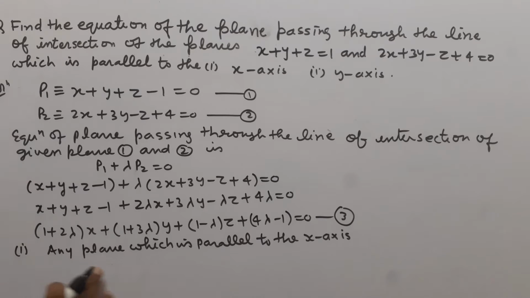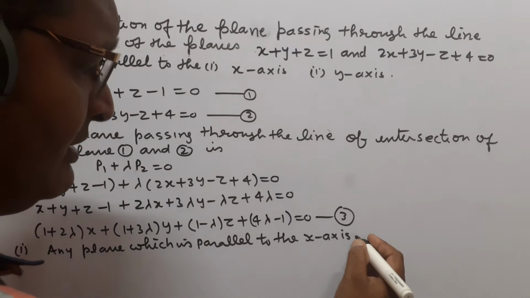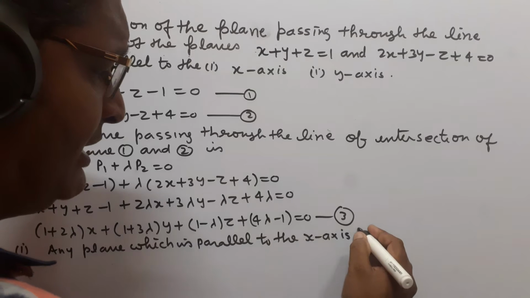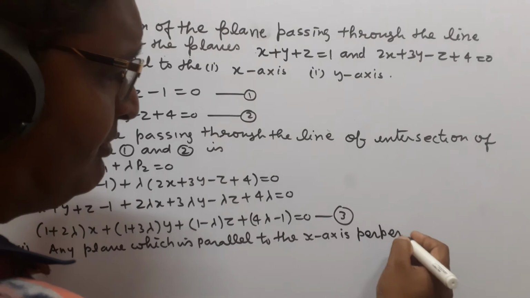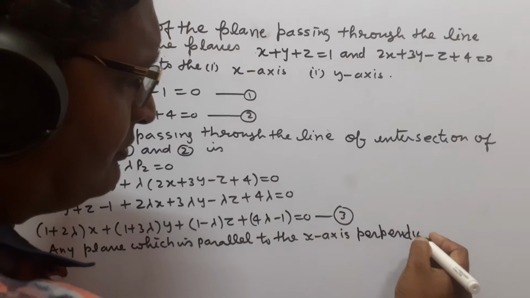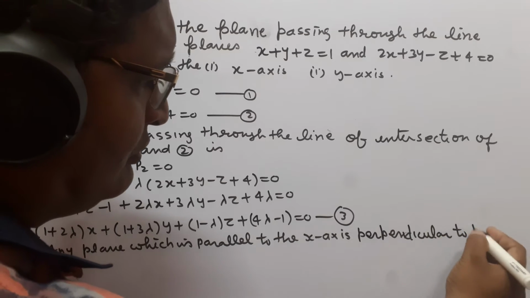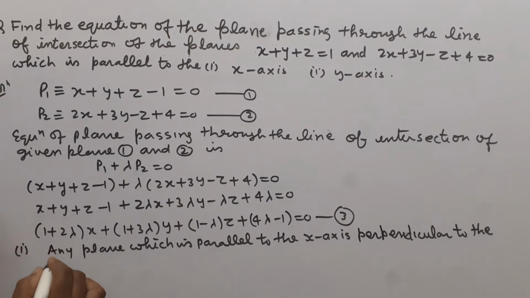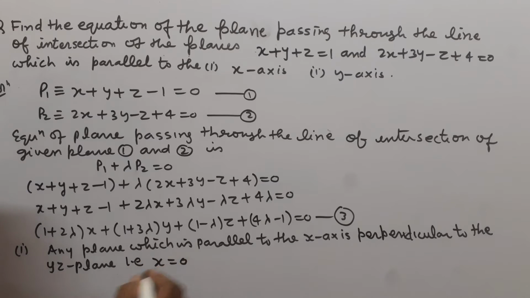So any plane which is parallel to the x-axis is perpendicular to the yz plane, that is x equal to 0. This x equal to 0 is the yz plane.